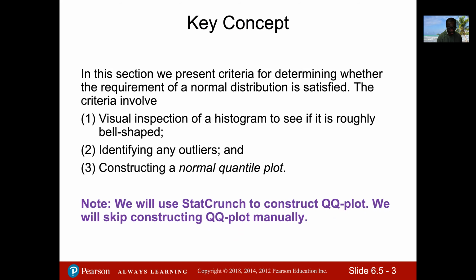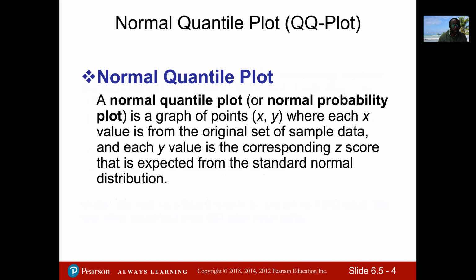Now, note, we will use StatCrunch to construct the QQ plot, which is the same as the normal quantile plot. We will skip the manual construction of that, okay? The normal quantile plot, which is also the same as the QQ plot, as we did in the previous chapters, chapter 5 and even before that, chapter 2, where we looked at some things about normality, if you remember.